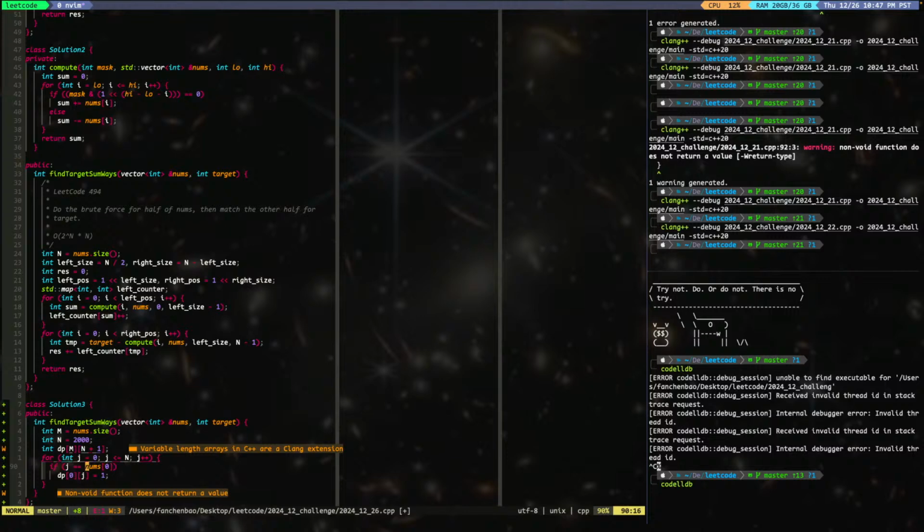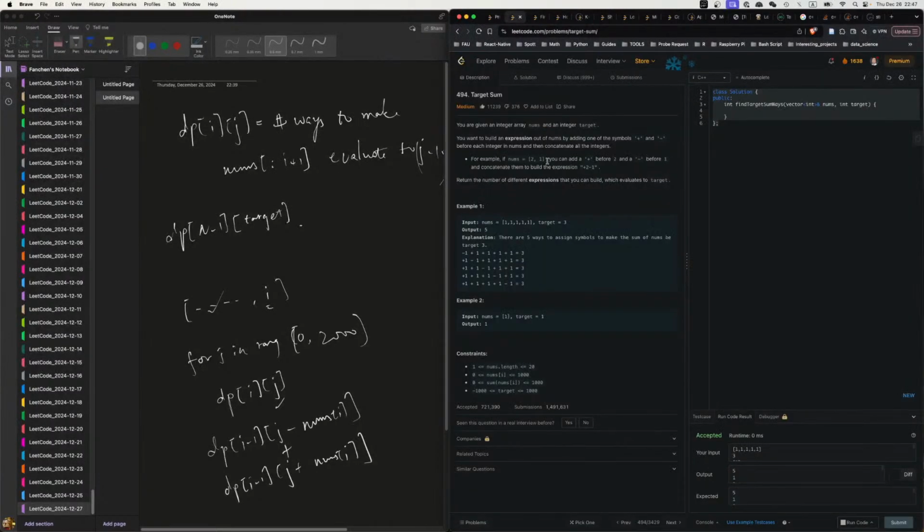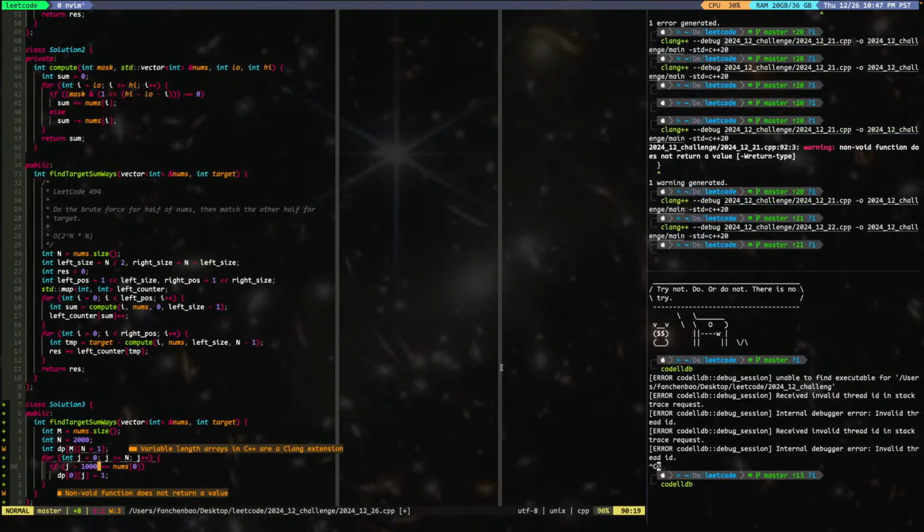Actually, it should be j minus 1000. If j minus 1000 is equal to nums[0], well, the nums are all positive. Oh yeah, the nums are all positive. But it's fine, I have to go through the whole thing. Whenever it's equal to nums[0], then we'll say that j has at least 1.